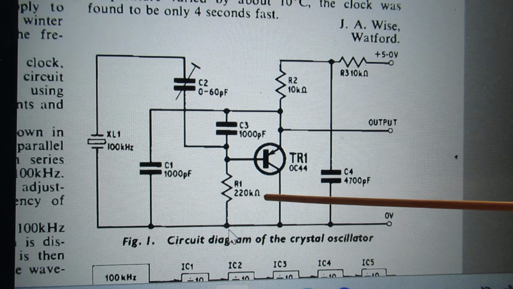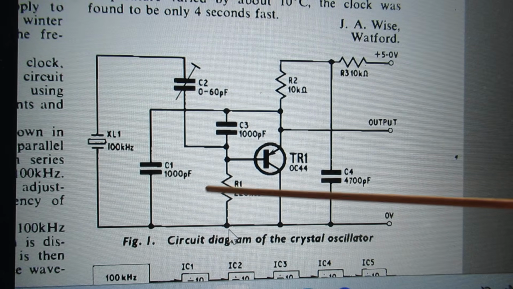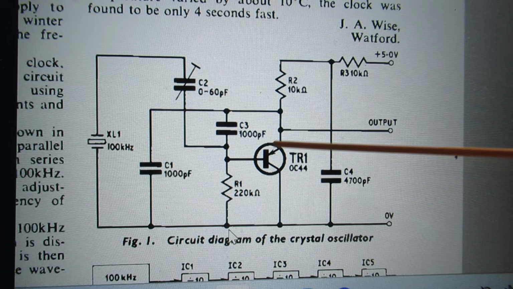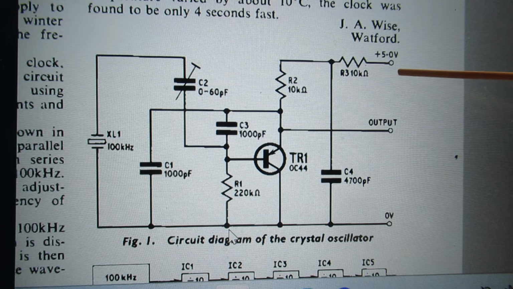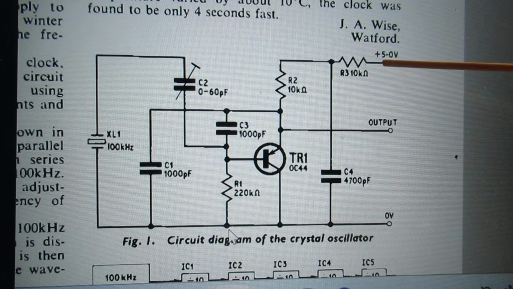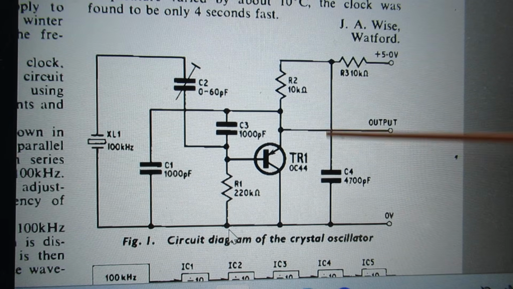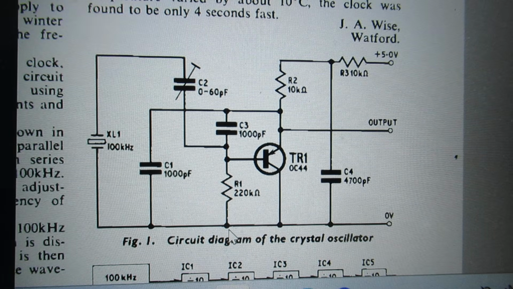You can do some experiments by tweaking the value of this resistor and this resistor, and also this resistor. Here is positive 5 volt. It's 10 kilo ohms. Well, this acts as a kind of filter, and of course you need an output coupling capacitor that is not shown here anyway.